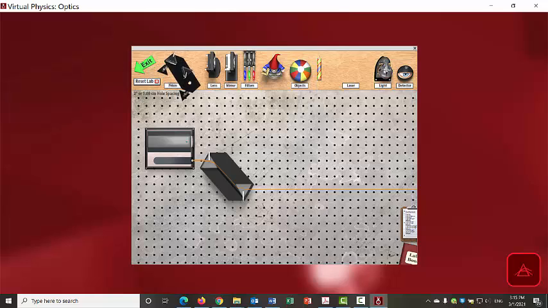Let's bring the second prism here, and you will see the light bends again, then becomes parallel to the first incident light when it exits the second prism. Now we can answer questions 4 and 5.